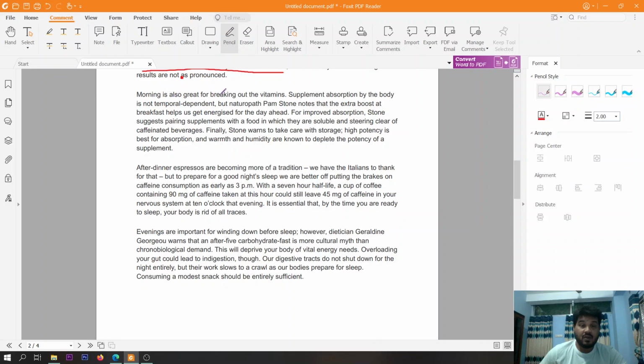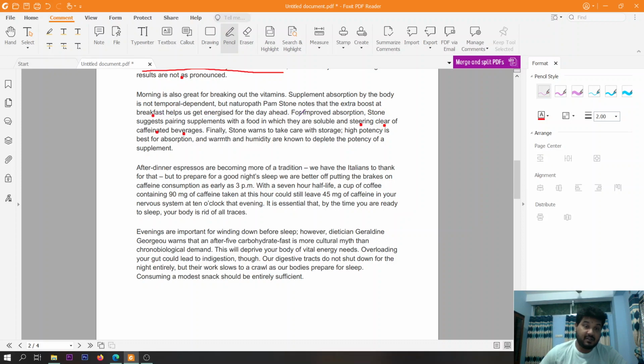Morning is also a great place for breaking out the vitamins. Supplement absorption by the body is not time dependent, but naturopath Pam Stone notes that the extra boost at breakfast helps us get energized for the day ahead. For improved absorption, Stone suggests pairing supplements with food in which they are soluble and steering clear of caffeinated beverages, so avoiding caffeine.